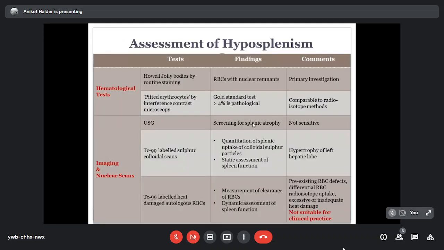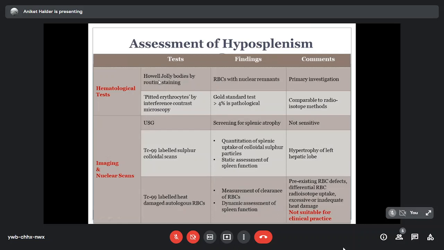So, assessment of hyposplenism. How to assess hyposplenism? As I had said, in hypersplenism, usually there is associated splenomegaly, but in hyposplenism, it is very difficult to assess whether a patient has hyposplenism and decreased splenic function. Tests may be hematological tests, imaging or nuclear scans. For hematological tests, Howell-Jolly bodies by routine staining.